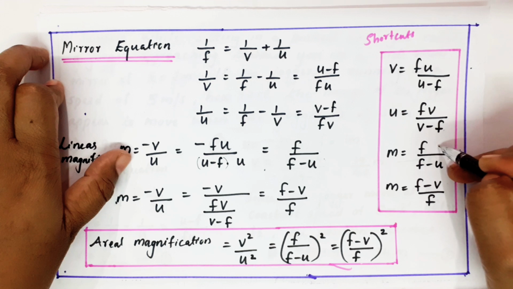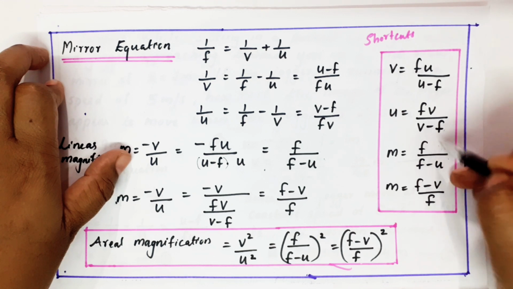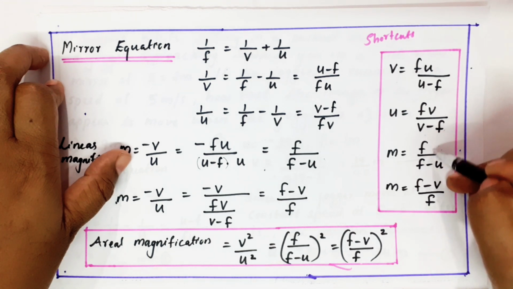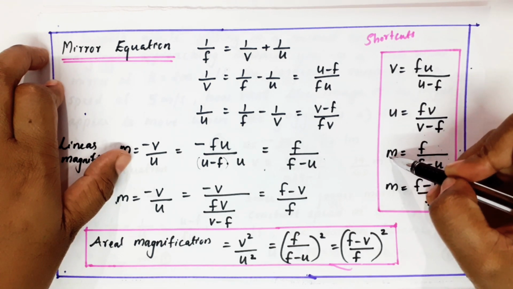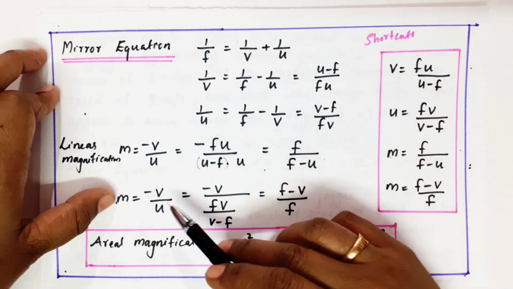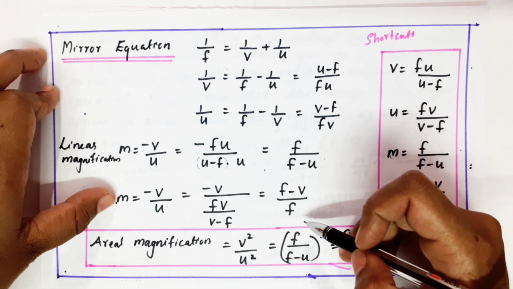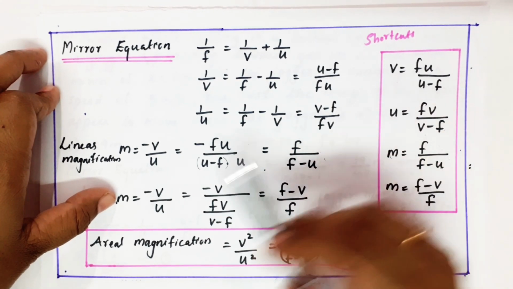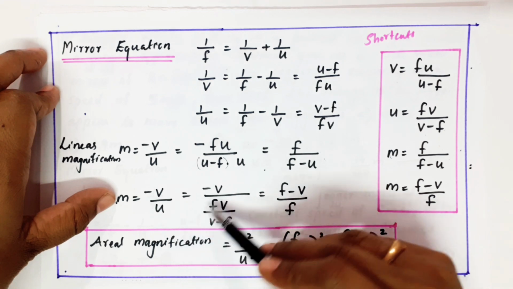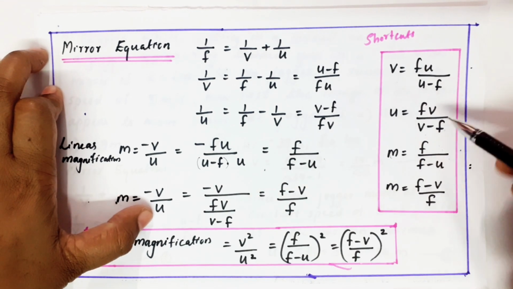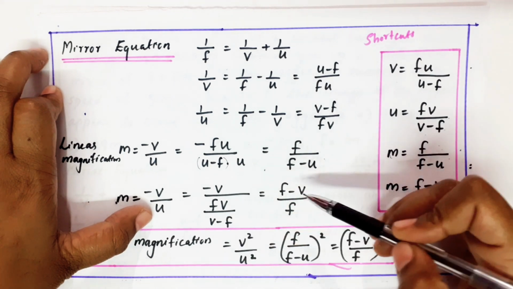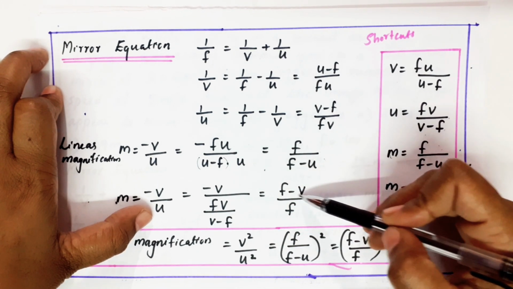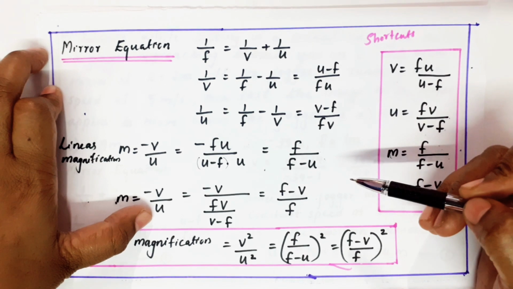It is not compulsory to find out v and all. You can directly use the shortcut equation f divided by f minus u for finding magnification. Same like that, sometimes in the question they'll give only v, the image distance. So you can do minus v by u, substituting the value of u here, that is fv by v minus f, same terms cancel, that is f minus v by f.